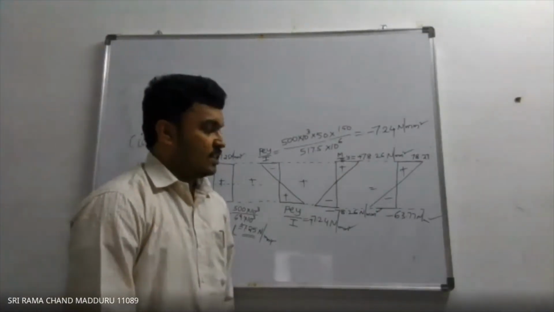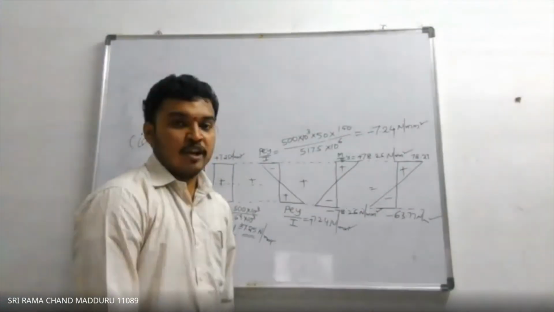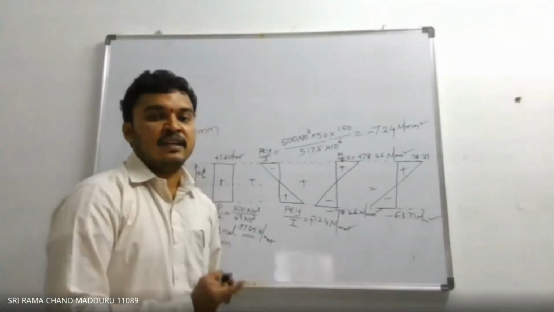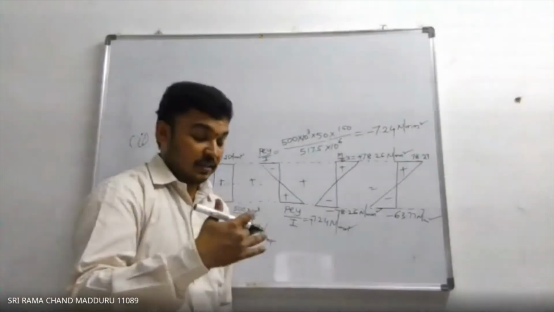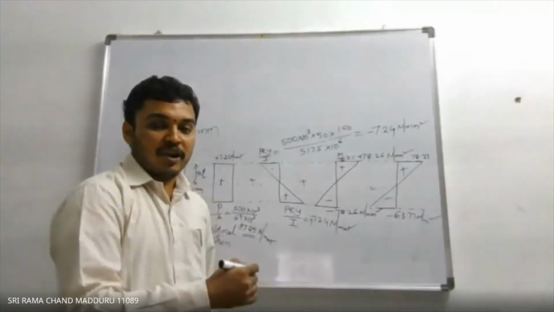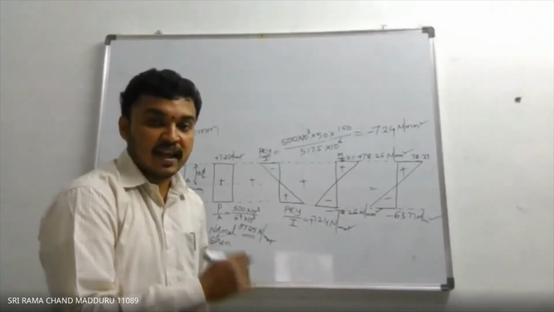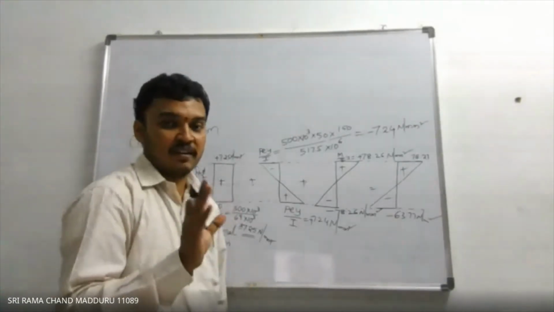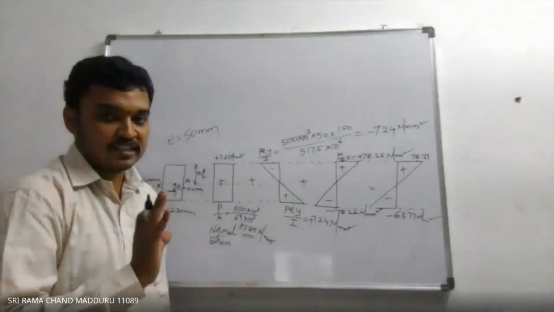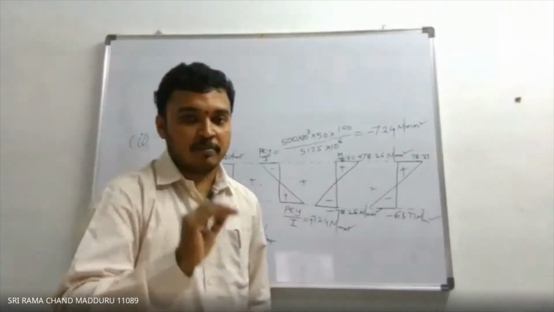For the bottom, minus 63.77 Newton per mm square. So this is case 2, where the pre-stressing is acting below the neutral axis, and you are calculating the resultant stresses at midspan. Remember this: we are not calculating at supports, we are calculating at midspan.